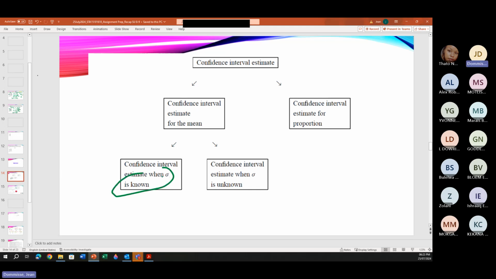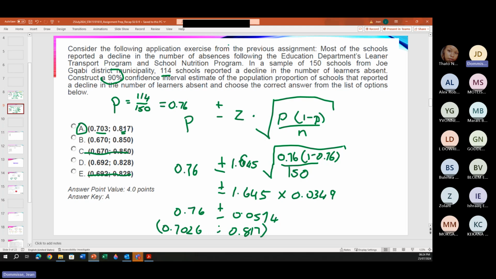When the standard deviation is known, it's a Z. When the standard deviation is unknown, it's a T, but a proportion is always a Z. Just to make sure, because they might use sample in here, or at least they say population proportion, but they could have used sample as well. So yes, proportion is always Z.